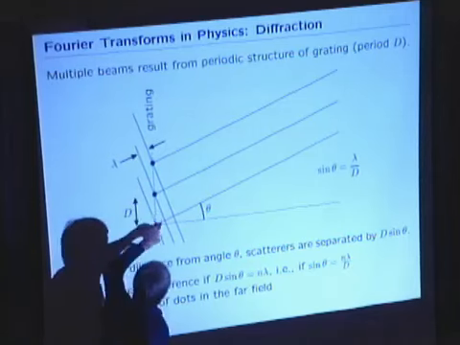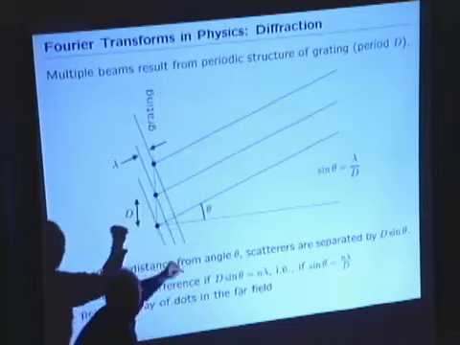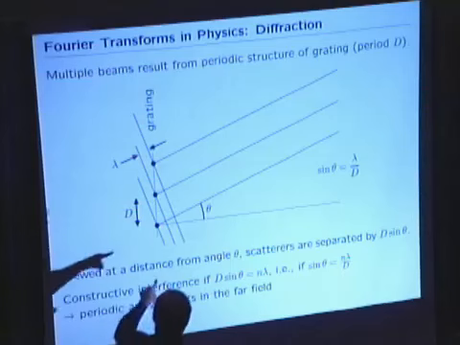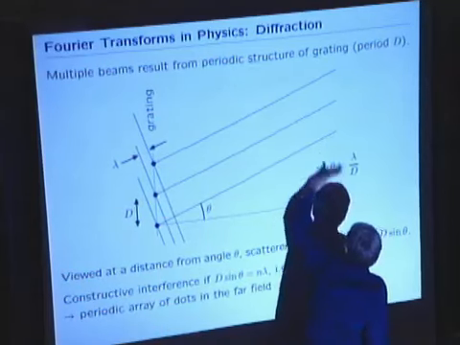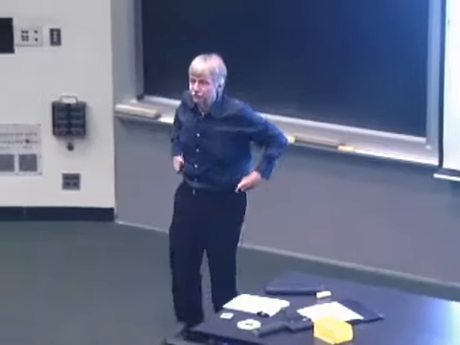So there's a spherical wave coming away out from each of these, right? That's Huygens principle, right? So the idea then is that there are contributions from each one of these scatterers out here in the far field. Each point in the far field picks up a little bit of light from each of the scatterers, but they're in different phase relationships.